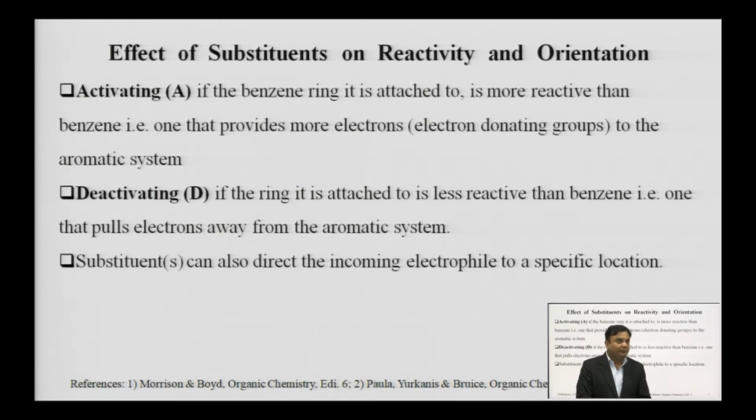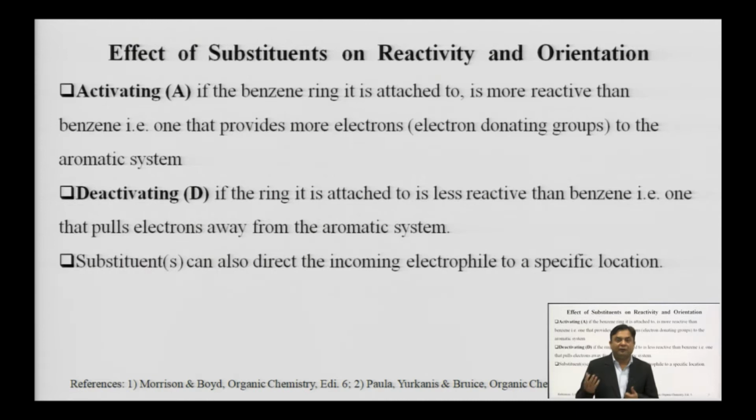There are two types of groups, activating and deactivating groups. If the benzene ring is attached to a group which can increase the electron density on the benzene ring, then it will increase the rate of electrophilic substitution reactions of benzene towards an electrophile, because such groups have the tendency to donate electrons towards the benzene.